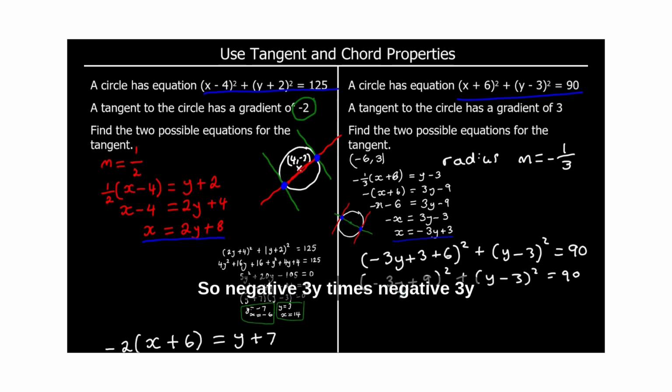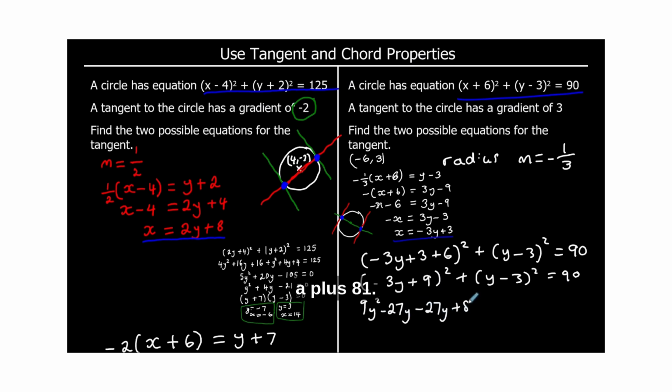So negative 3y times negative 3y will be positive 9y squared. Negative 3y times 9 is negative 27y. We've got another negative 27y and a plus 81. Then for the second bracket, we've got y squared minus 3y minus 3y plus 9, and it's equal to 90.